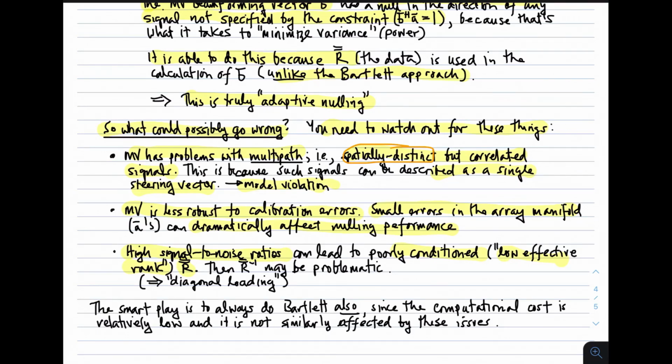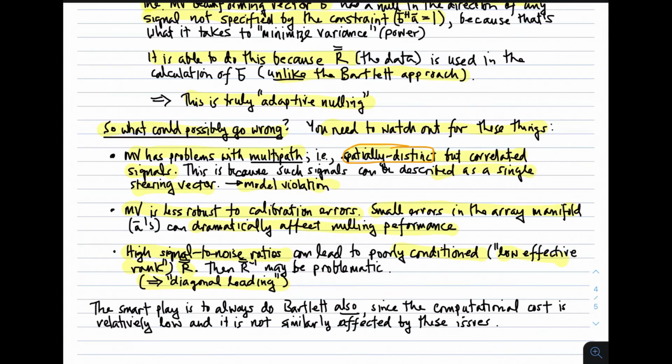So for example, MV tends to have problems in jammer scenarios where the jammer might be crazy strong relative to the noise that would ordinarily be seen by the processor. But this can show up in all kinds of problems. To avoid it, there is a technique known as diagonal loading, which is artificially adding noise to the spatial covariance matrix before you do the processing. But that's a topic for a different lecture.